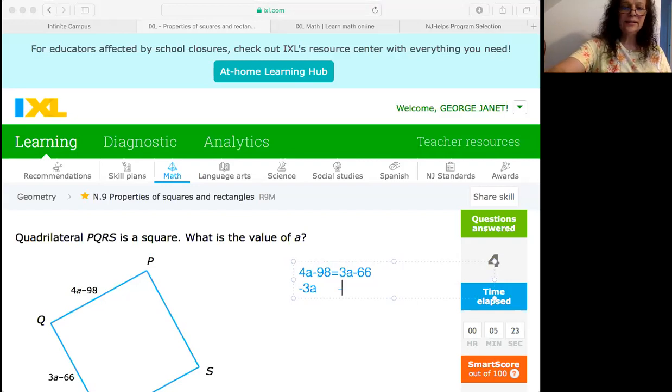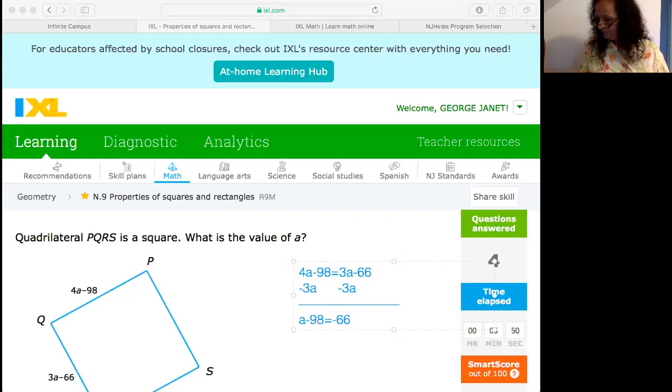Subtract 3a. 4 minus 3 is 1, or just an a, minus 98 equals, we need to pay attention to the sign. They cancel each other out. So you have negative 66.